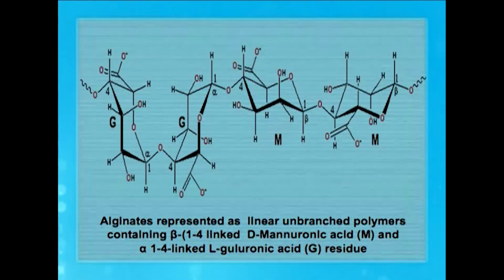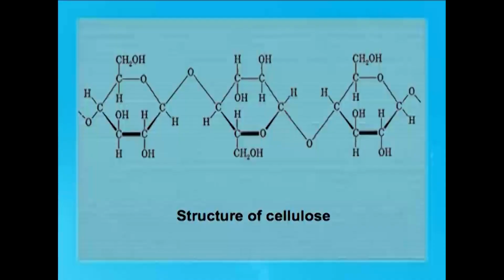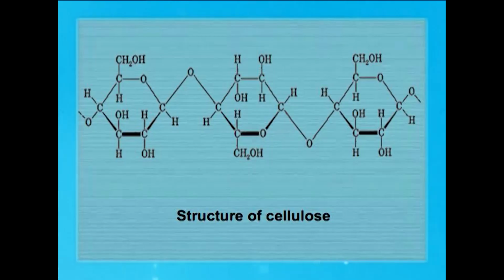So it is a polysaccharide which is used in medicine as well as for different other purposes. There may be organisms which produce cellulose, which is just the beta-1,4 glycosidic linkage of glucose residues. So it is also called the glucan.